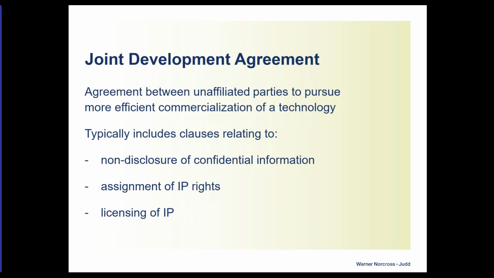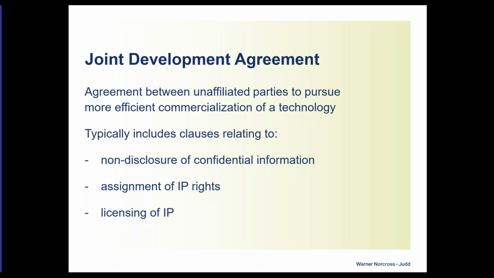The next agreement we'll look at are joint development agreements. These agreements are typically utilized in a variety of situations and can be complex. Joint development agreements include the provisions of the agreements we just discussed. So they include non-disclosure of confidential information, they include assignment of IP rights, and they can include licensing of IP.